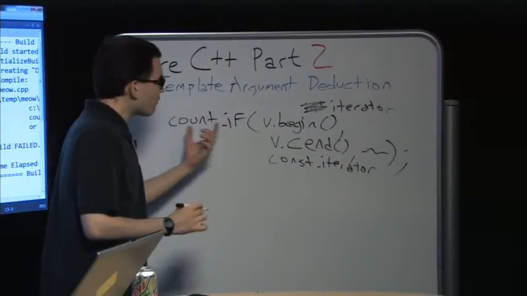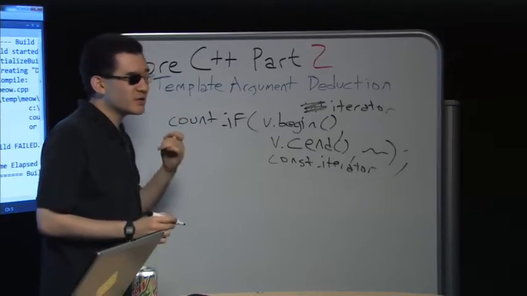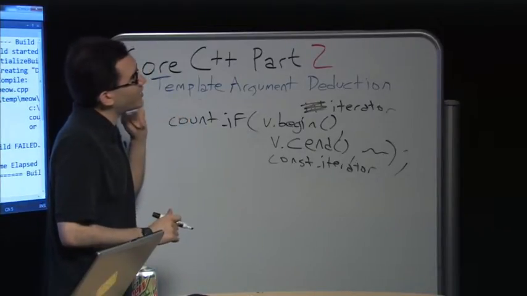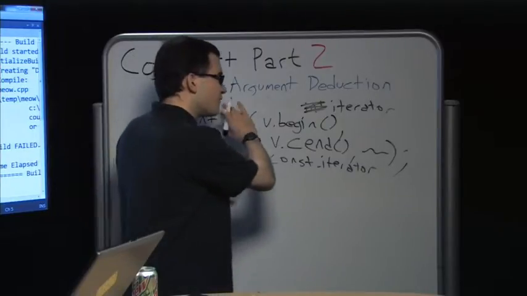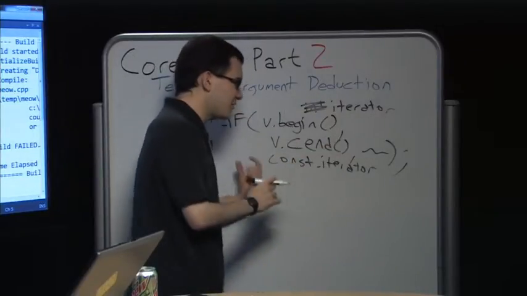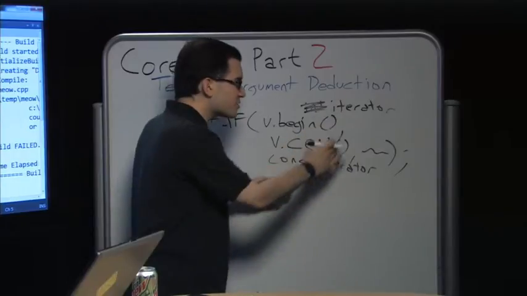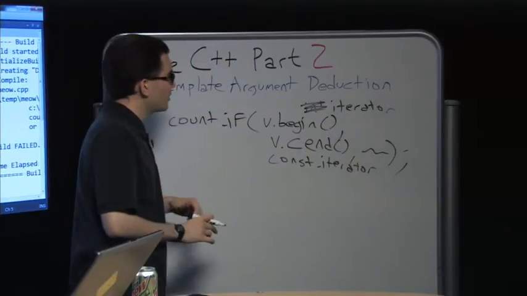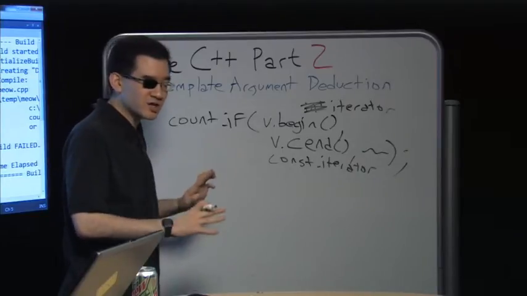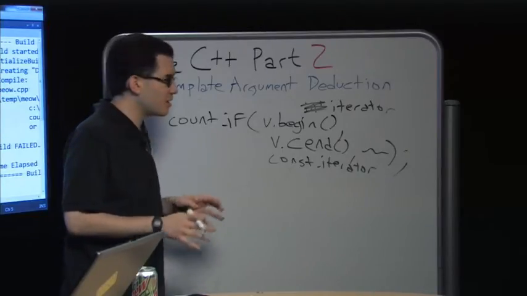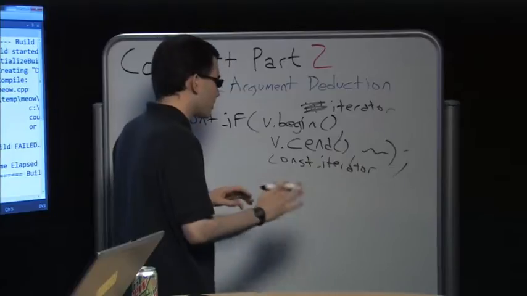And yet count_if is templated on a single iterator type, an input iterator. So if I give it vector<int>::iterator and vector<int>::const_iterator, these are different types. So there's no single type that count_if could deduce without resorting to conversion. So this will be declared ambiguous. You'll get a compiler error.